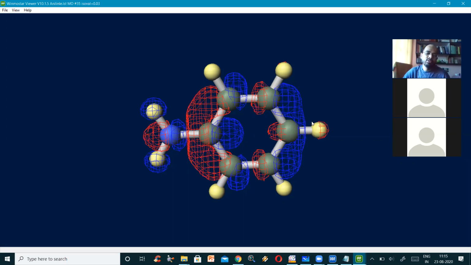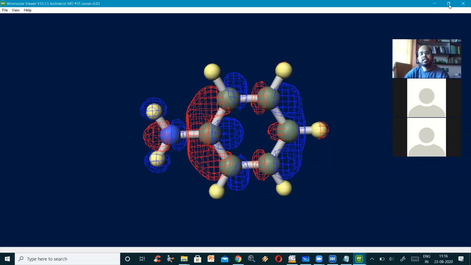Why? You can see the red portion, the electron portion, in the 6 hydrogen atom only. Here you don't have, here you don't have, here you don't have. Only for the para position you have. So this red part and this red part make aniline para-directing. First it is ortho-directing, second it is para-directing, third it is meta-directing.